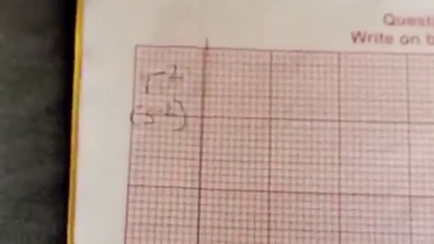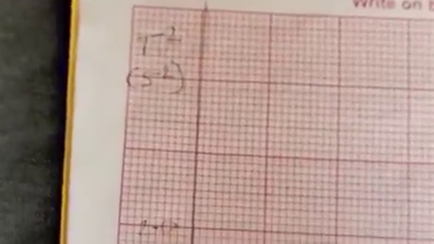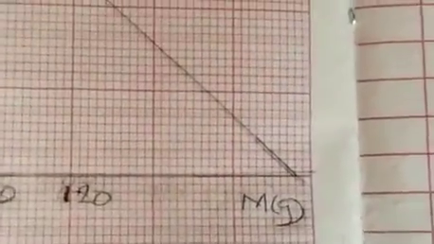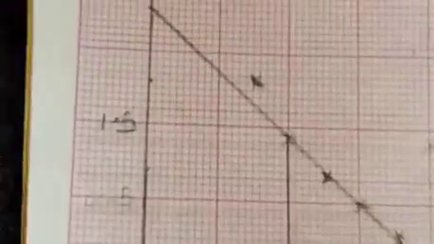So let's look at the shape of the graph. This is our graph. You can see we have a straight line, but an inverse graph. This is a graph of T raised to minus 2, unit seconds raised to minus 2, on the vertical axis against m in grams on the horizontal axis.